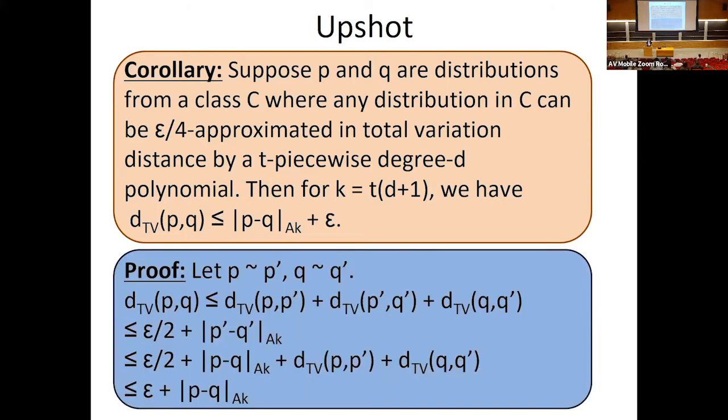And the proof is basically you replace P by P prime and Q by Q prime that are in these classes. The total variation distance between P prime and Q prime is their AK distance. And you just need to do the triangle inequality a bunch of times to translate back and forth. And every time you do it, you lose some factors of epsilon over 4. And so this is the result.